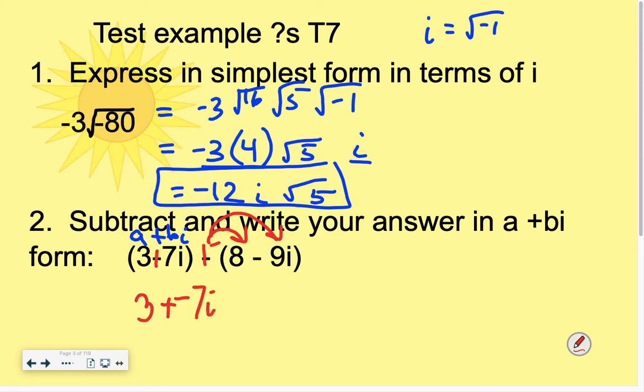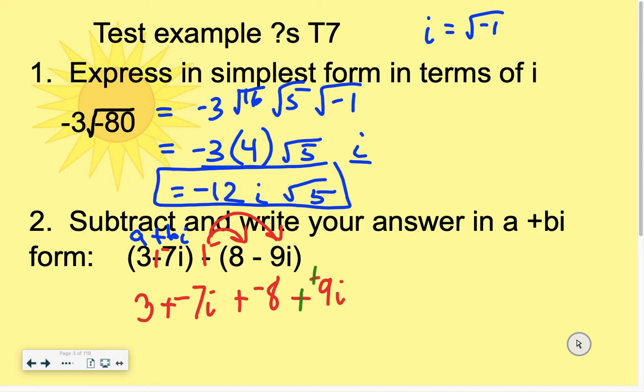I could keep-change on that as well to change it to plus a negative. Now I distribute the negative to the 8, and I distribute the negative to the minus 9i. So what I end up with is a double negative, a minus a negative 9i. That's a common mistake.